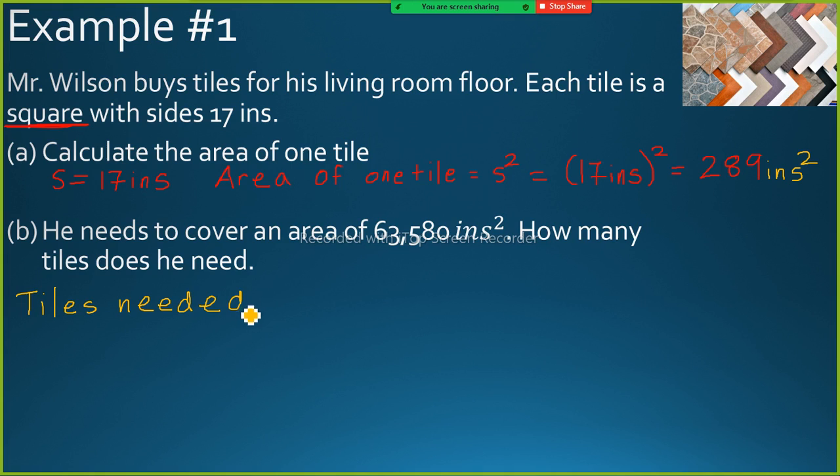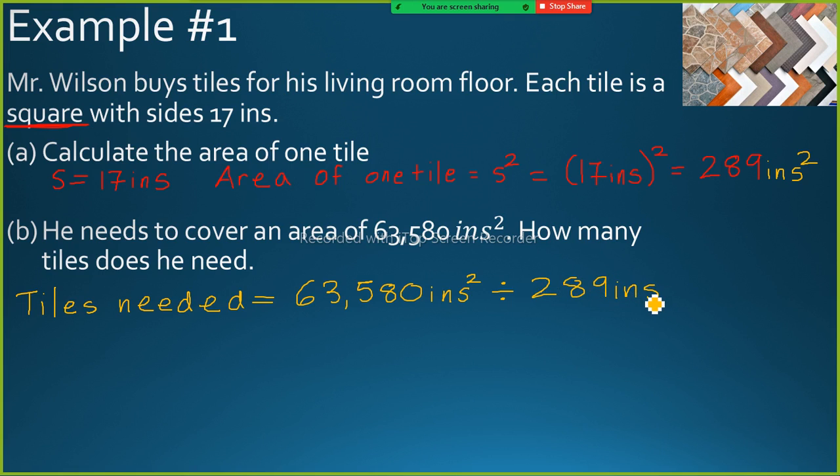Okay. So tiles needed is going to be equal to 63,580 inches squared, and we're going to divide it by 289 inches squared.